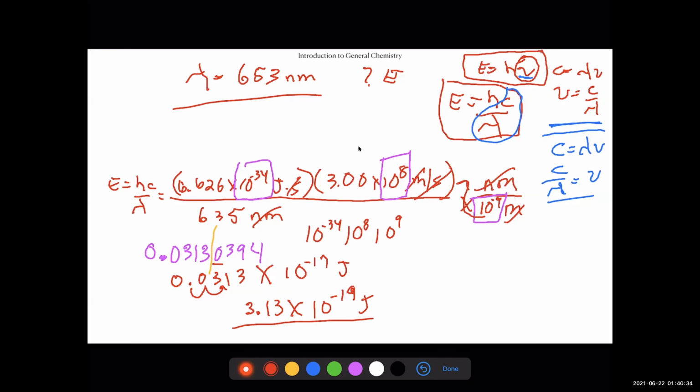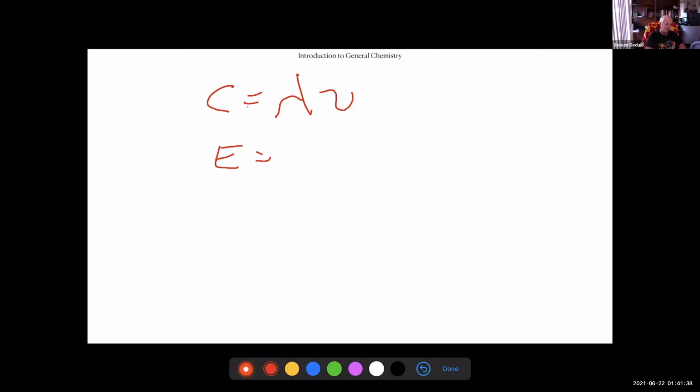Okay? So there's 2 formulas. I mean, you don't have to memorize them. You just have to know how to use them. C, speed of light, equals your frequency times your wavelength. And energy equals Planck's constant times frequency. So with those 2 formulas, again, do not memorize them. And don't memorize the constants either. You'll have those. You can look those up. They'll be all on there.